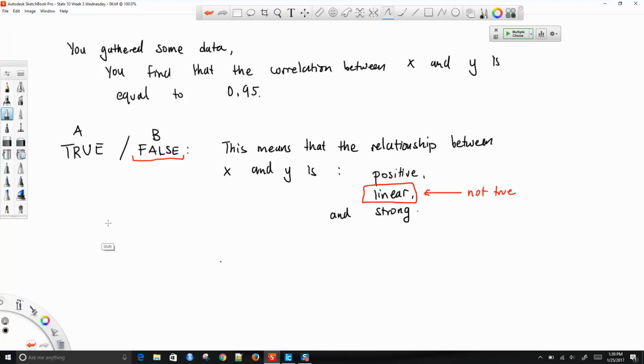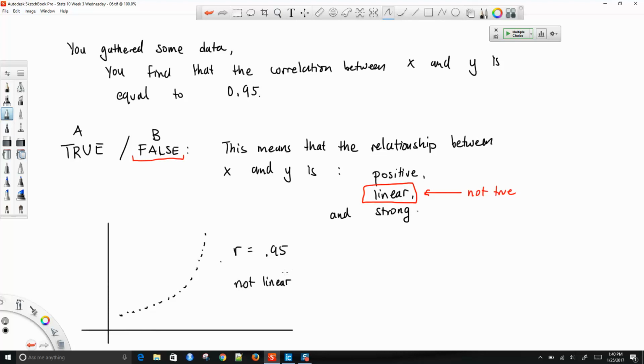Because if you had data that looks like this, the correlation for this data will be something around 0.95, and this is clearly not linear.